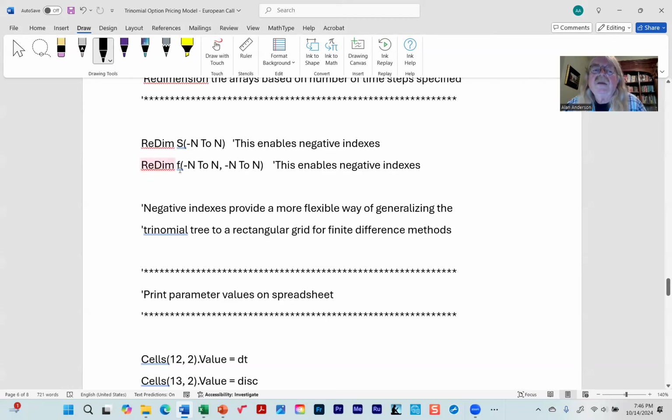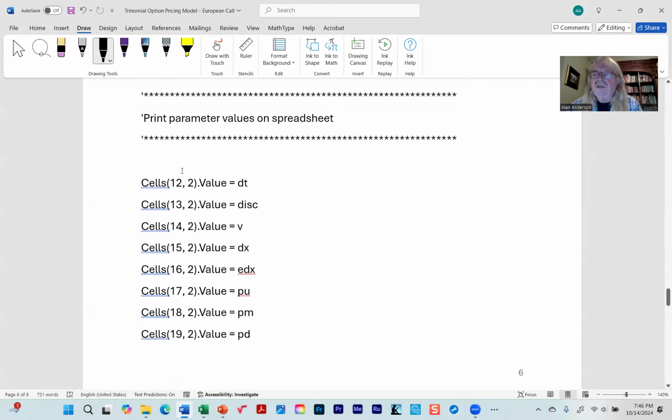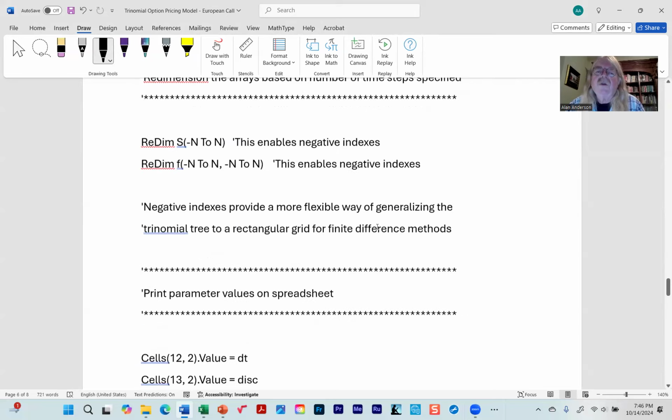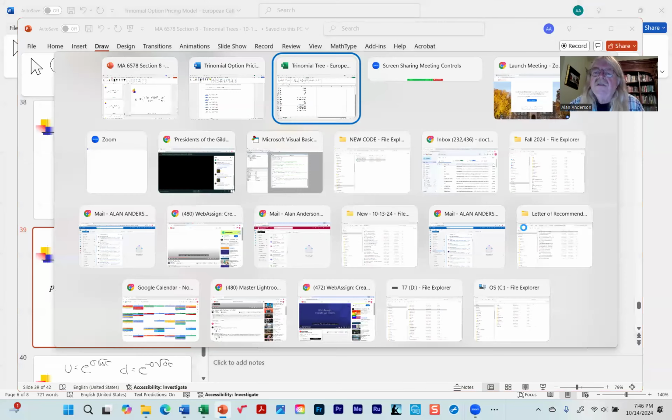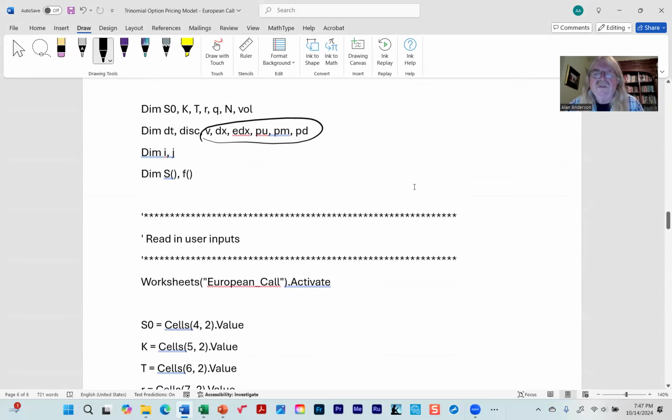So you can easily turn it into a finite difference method model, but we're going to skip ahead to Monte Carlo simulation. But we do need the negative indexes, so not all the space is going to waste. It seems like overkill, but it's not. They're trying to kill two birds with one stone here.